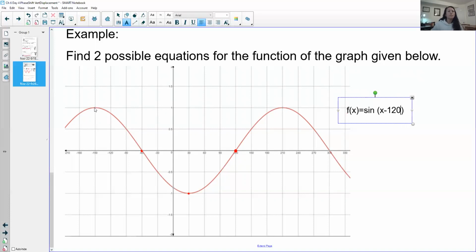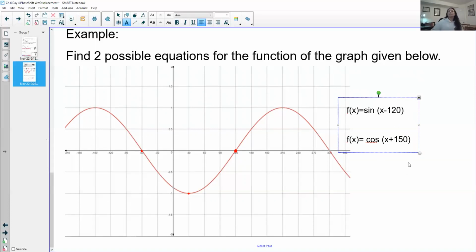So this one here, if I look, it's at minus 150. So basically, if I wanted to use my cosine, f of x equals cos of, now instead of just x, because it has been shifted to the left 150 degrees, I'm going to put in plus 150 degrees because anything inside the brackets would be backwards. Okay, and that is pretty much it.